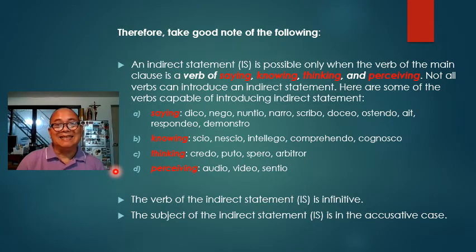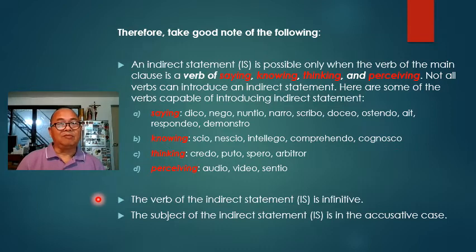Verbs of perceiving: audio, video, sentio, so verbs of the senses. Only these four kinds of verbs are able to introduce an indirect statement in a sentence.